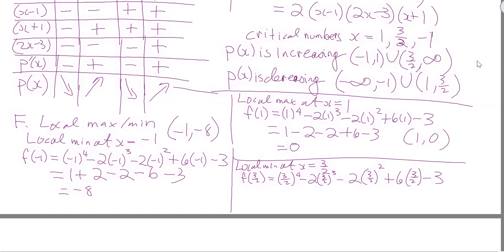It's probably best if we keep all the denominators as 16 as we work these out, because we'll need a common denominator. So this is going to be 81 over 16. You might want to cancel the 2 in that, but let's not do that. So this will be 27 over 8, 54 over 8. We're going to double 54. So 108 over 16.